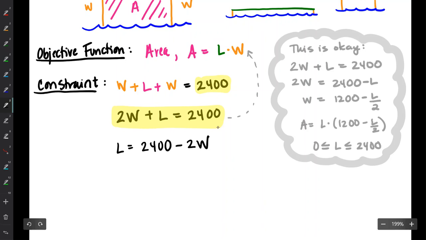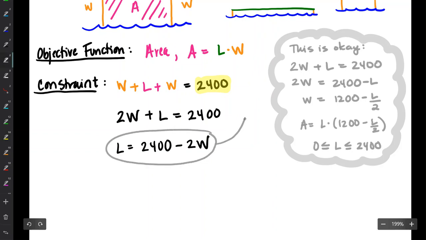And I'm going to take this constraint and substitute it into my objective function. So now my objective function will be just in terms of W. Objective.